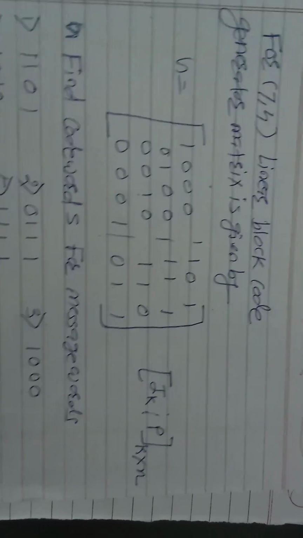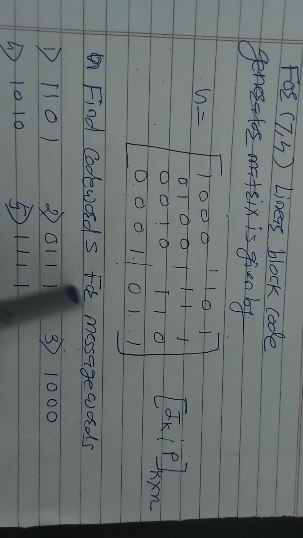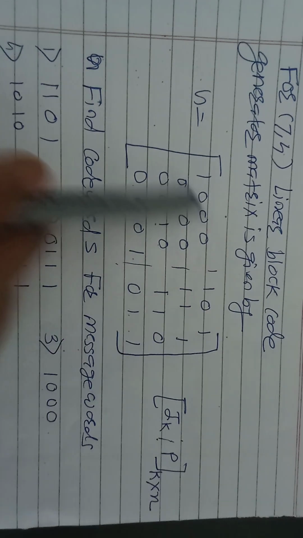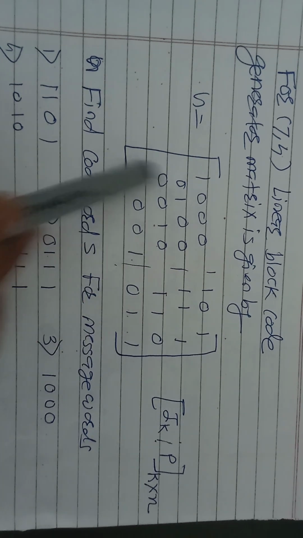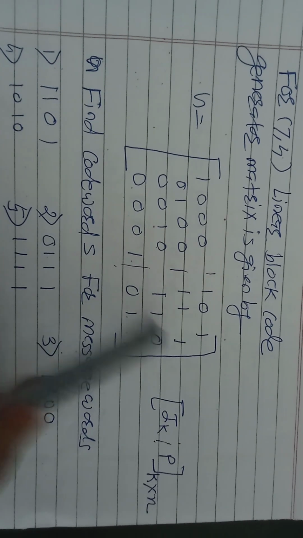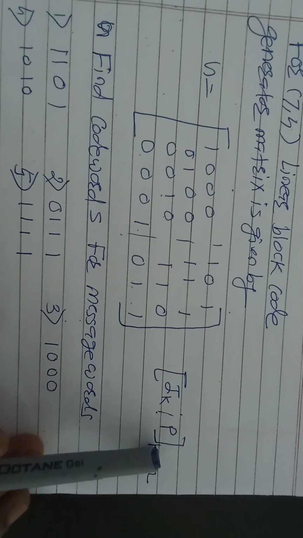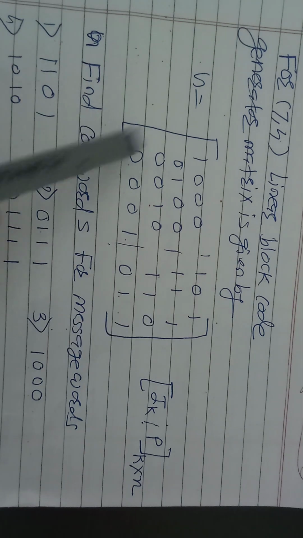So this is the background for linear block code. Let us move to the problem solving. For a 7,4 linear block code, this is the generator matrix. The questions are similar, only the generator matrix will change. This part is fixed, they will change the rest and ask you to find all the code words. Commonly asked are 6,3 and 7,4.